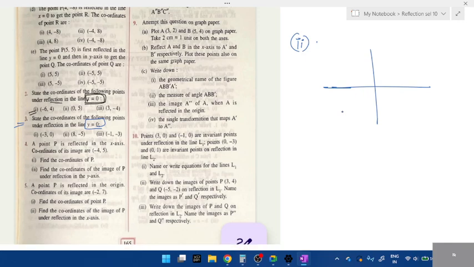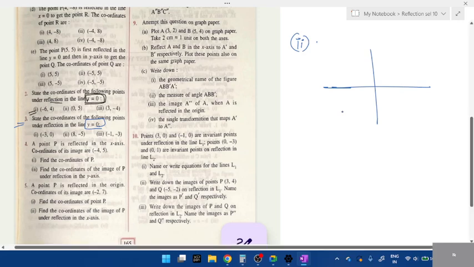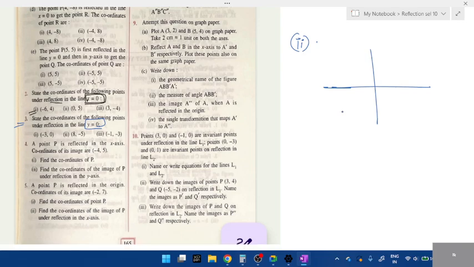Be quick, second and third. Just a rough diagram is enough. Don't need a graph for this.